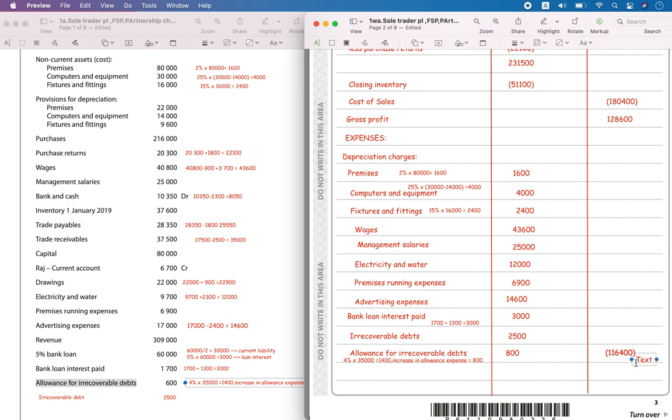That is going to be my profit for the year. So the profit for the year will be equal to 128,600 minus 116,400. That is around 12,200. So that is the profit for the year.